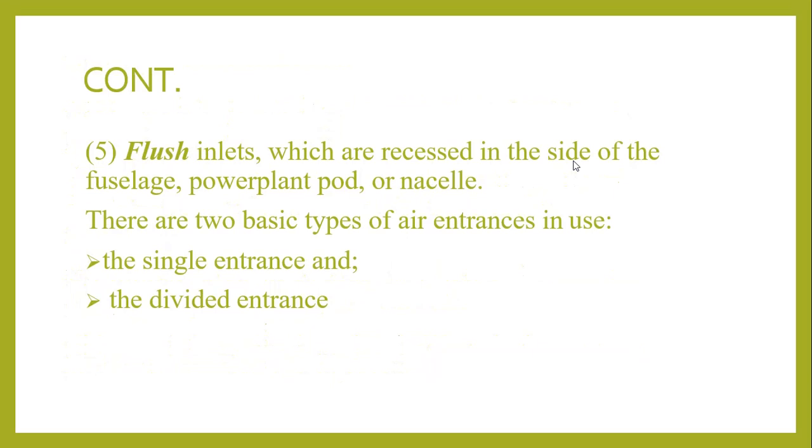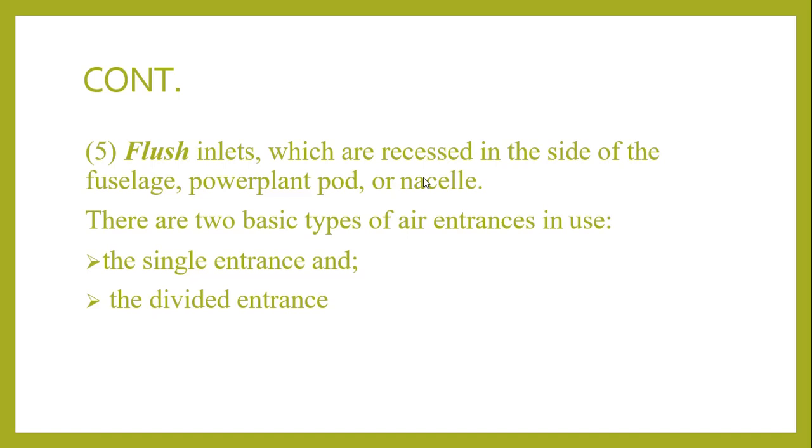And then we have flush inlets. These are recessed in the side of the fuselage, powerplant or pod or nacelle. So these ones are recessed, slightly inside of the fuselage. Mr. Professor, there are two basic types of air entrances in use.